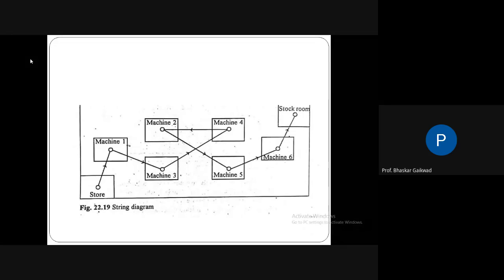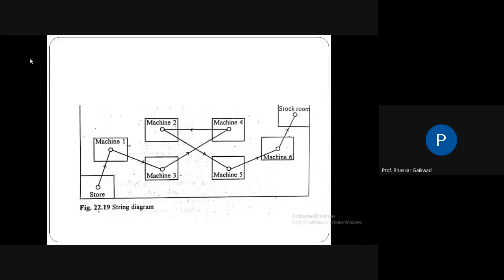So one to six workstations are there, maybe machines or workstations, and material or man from the store goes to the first machine. After that, directly it goes to the third machine. After that, from the third machine to the fourth machine, and after that it comes back to the second machine. After that, fifth machine, sixth machine, and then dispatch. So this is actually a string diagram, of maybe a man's or material's movements.